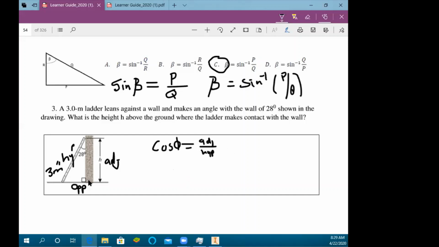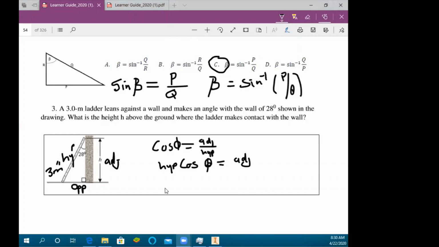In this case, we have theta, we have hypotenuse. We can make adjacent the subject. It becomes hypotenuse times cos phi gives us adjacent, right? Yes.